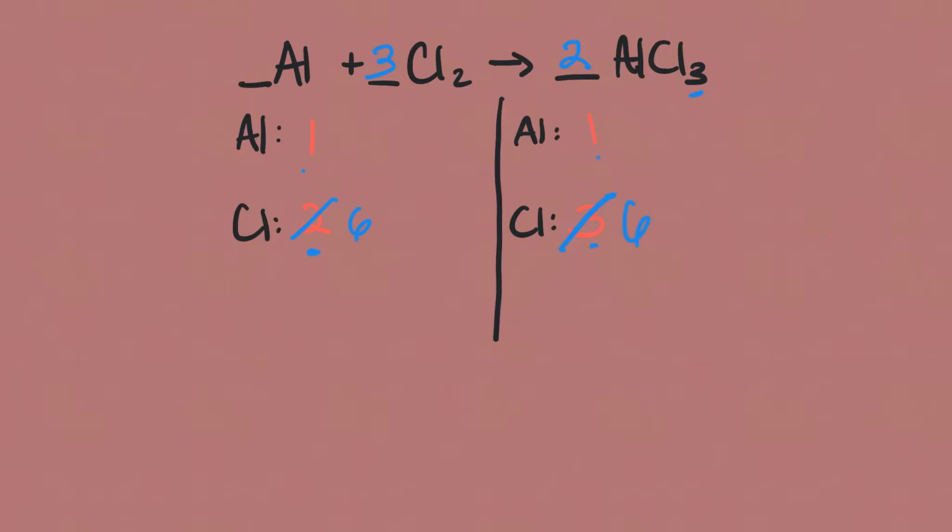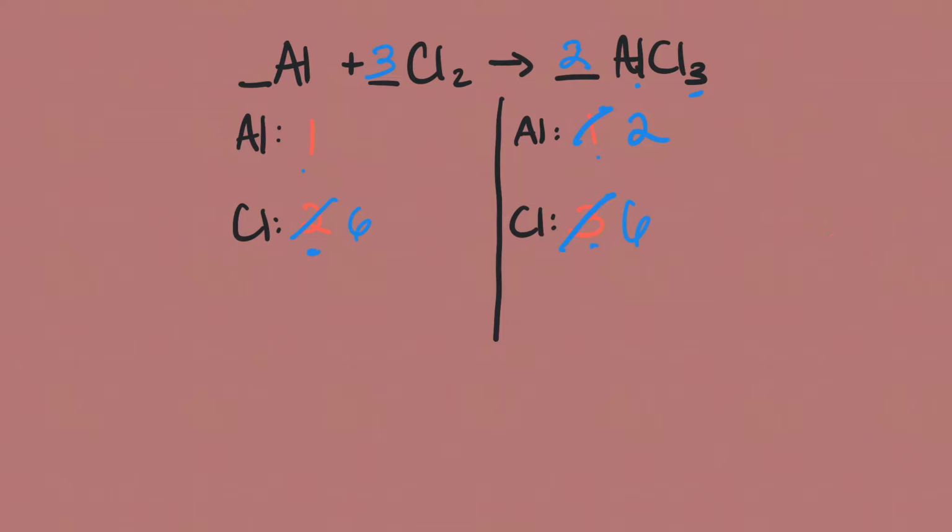Now, when you add a coefficient to a compound, you have to recount each of the elements within the compound. So for example, I have this aluminum here. Because I put a 2 here, I have to recount how many aluminums I have. I no longer have 1 aluminum. How many aluminums do I have? I have 2, and that's okay.